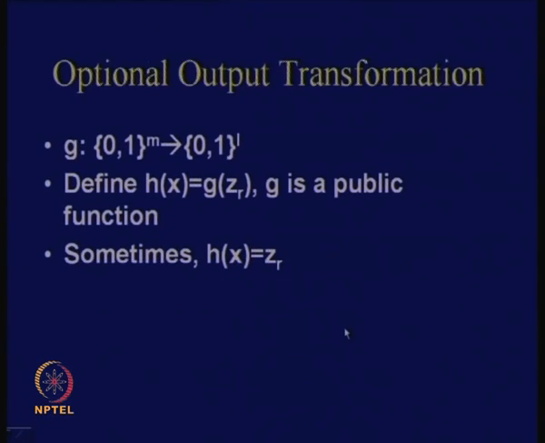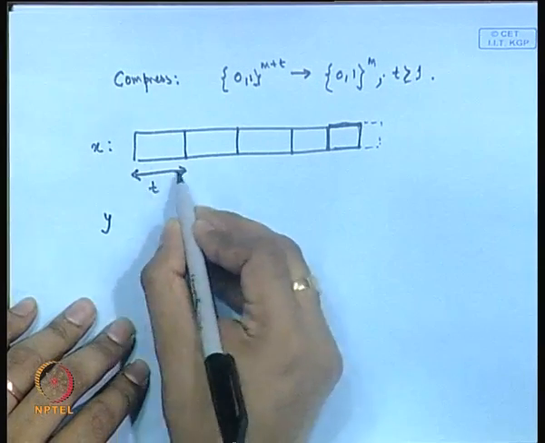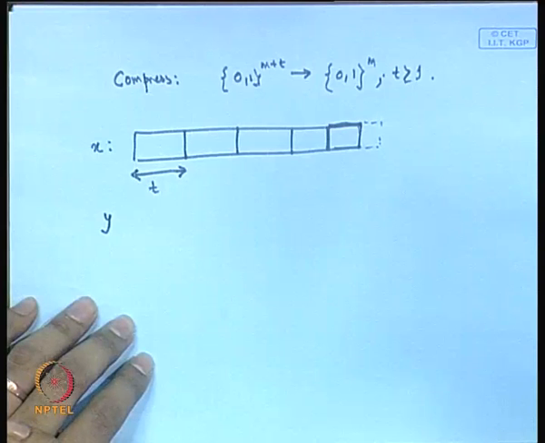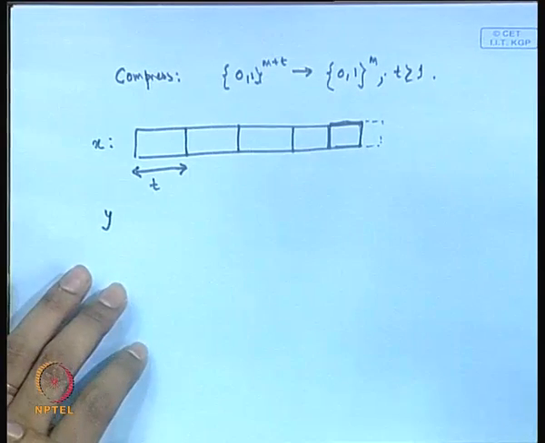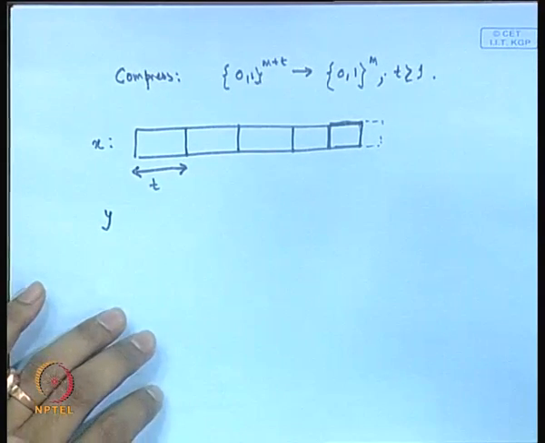Okay, so then you have certain steps. You do a sort of iterated algorithm. So what you do is you start computing with y. Each of the blocks of y has size t, and you have the compress function which takes m plus t bits and gives you an m bit output.